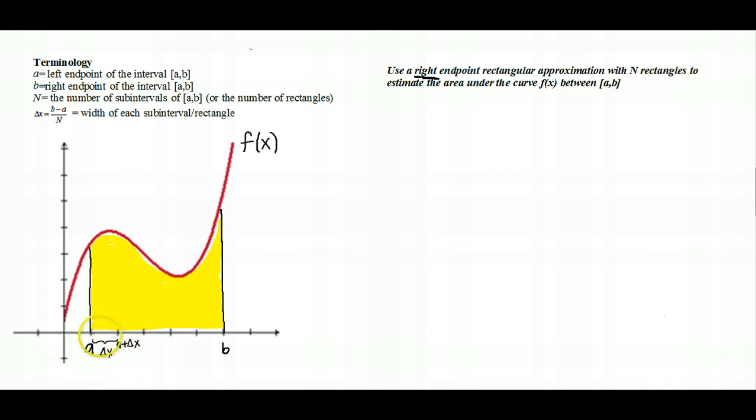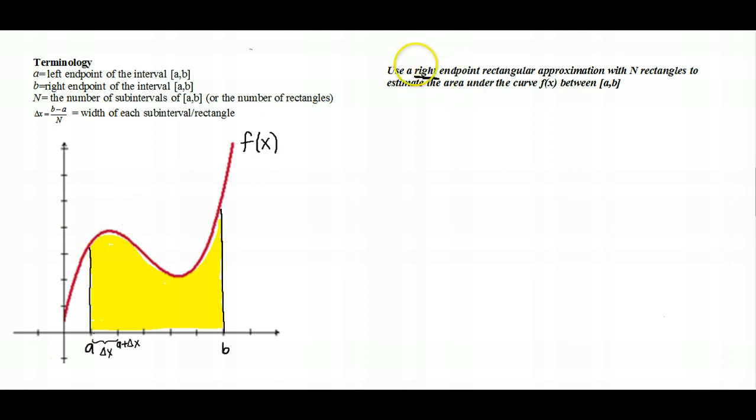So why did I do that? What I need to do is define a height. We have that the width of each rectangle is delta x. But to find the area of a rectangle, I need a base and a height. So my base is delta x. My height, well, I can choose any function value between A and A plus delta x, any one of these points up here, to be the height.